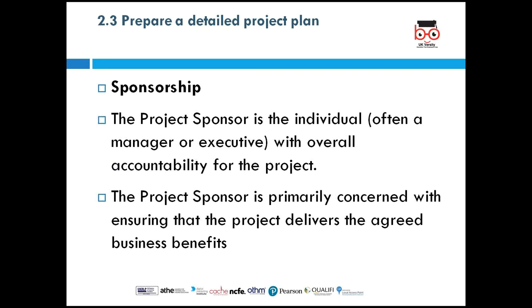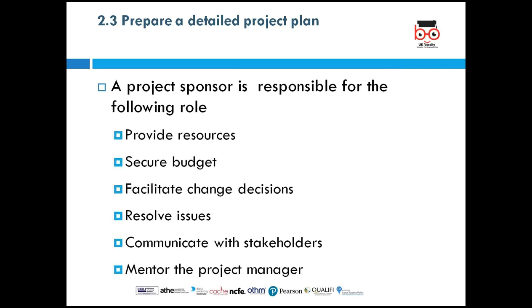Sponsorship. Who is a sponsor? The individual, often the manager or executive, with overall accountability for the project. And remember, this sponsor is different from the project manager. The project sponsor is primarily concerned with ensuring that the project delivers the agreed business benefits.